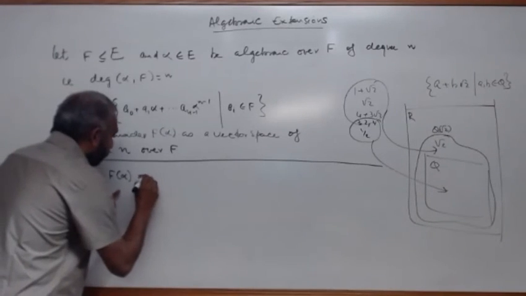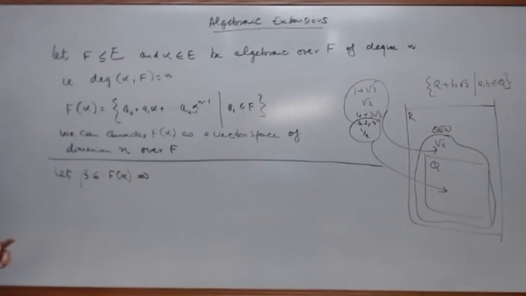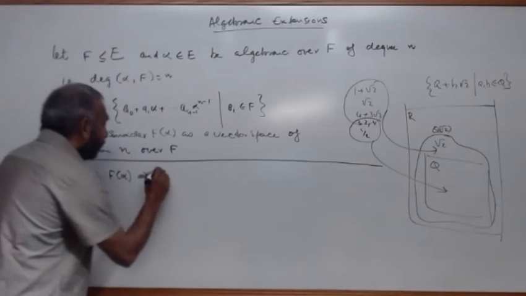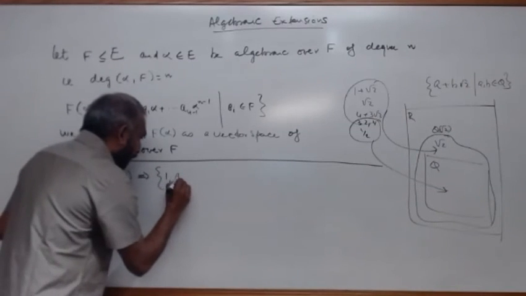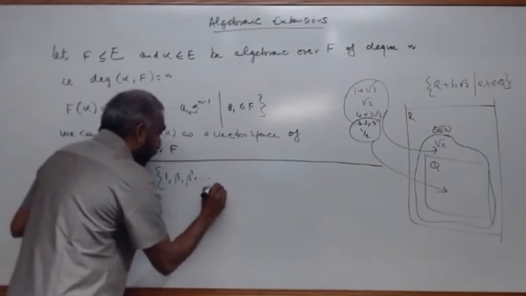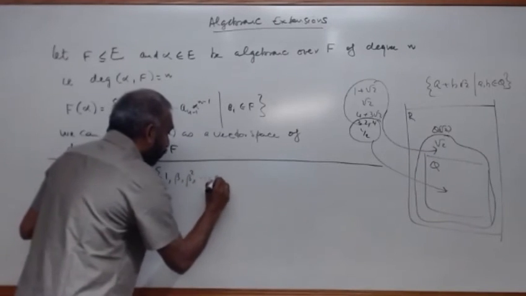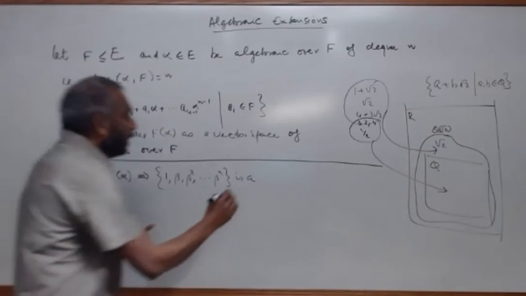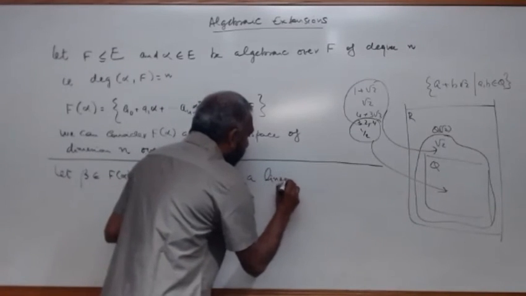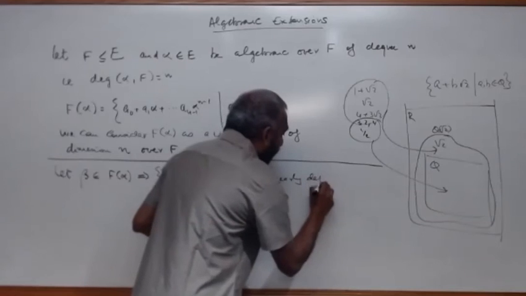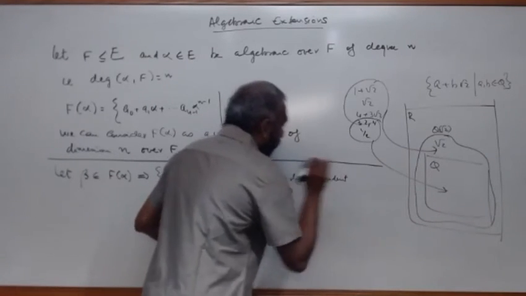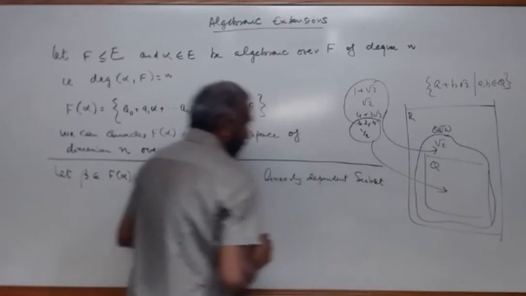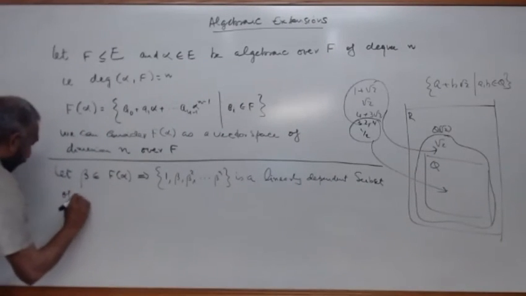Since beta is an element of F(alpha), that implies 1, beta, beta square, up to beta to the power of n is a linearly dependent subset of F(alpha).